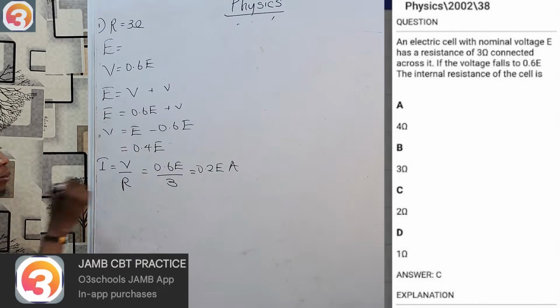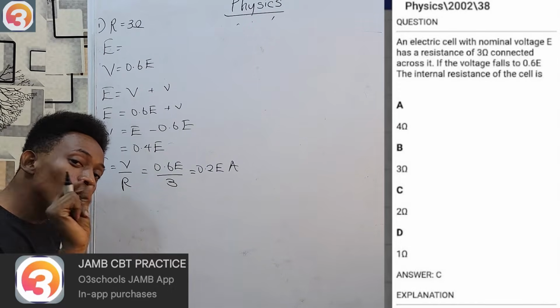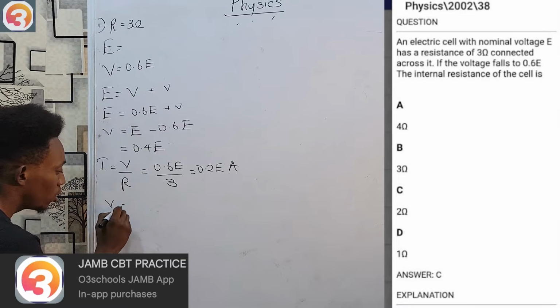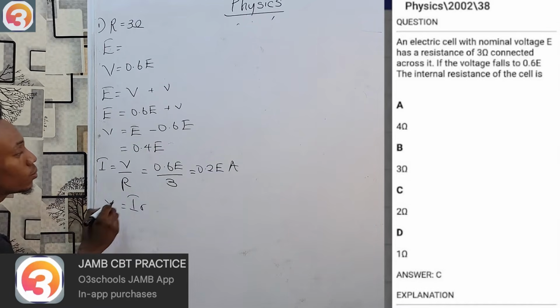And then if I'm now going to analyze using my lost voltage, which is small v equals I small r.